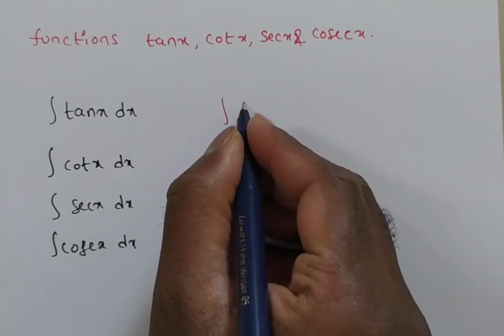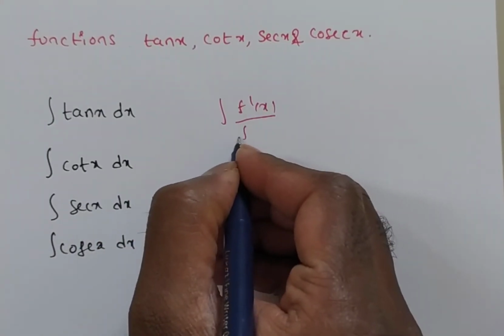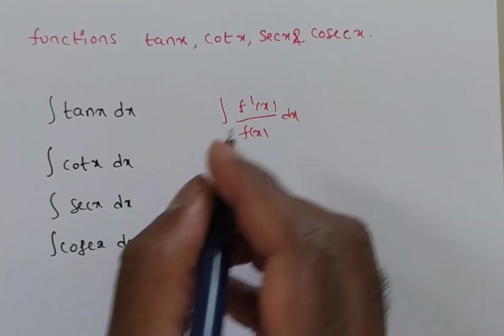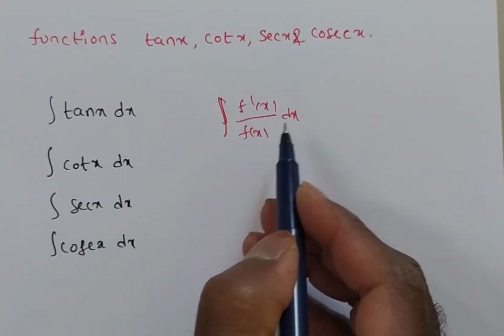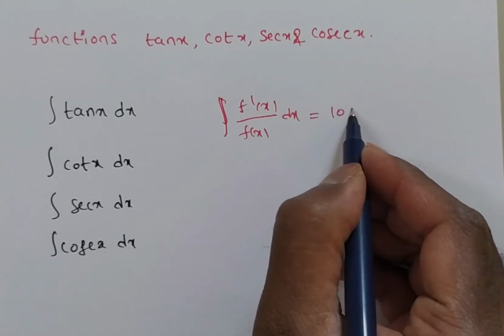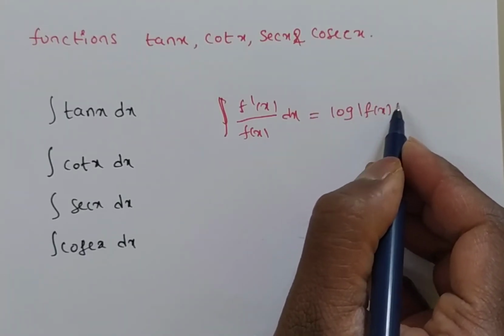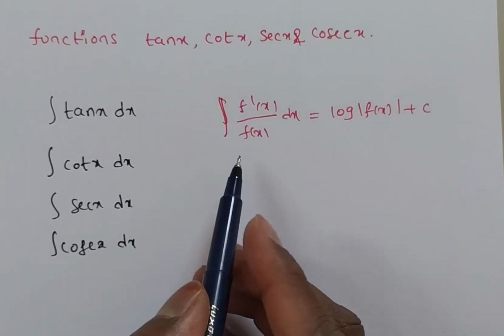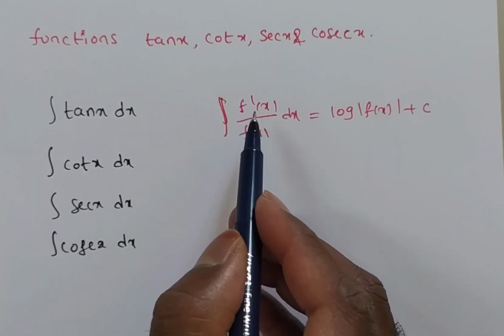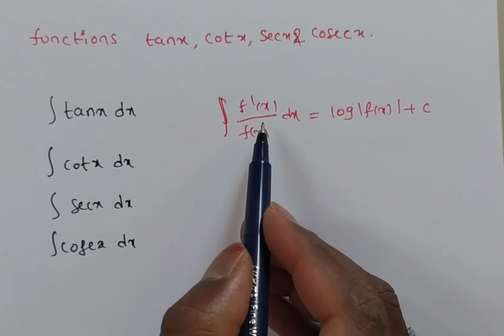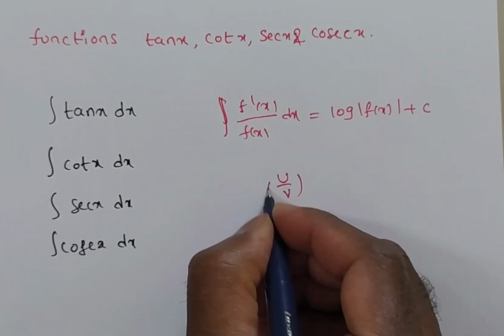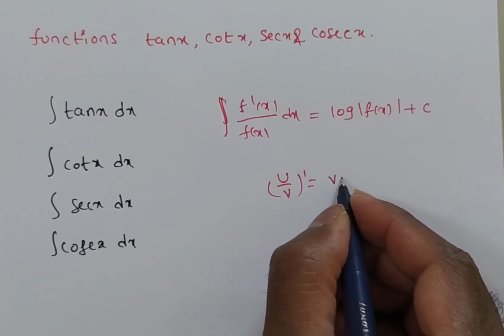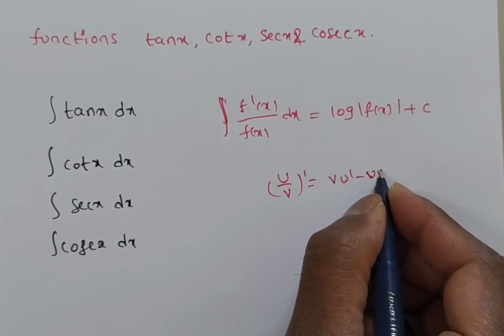Let it be integral of f dash of x by f of x dx form. Friends, you see, integral of f dash of x by f of x dx, if you have, then we have a formula: log of f of x plus c. You observe this contains a numerator and denominator. Whenever you have a numerator and denominator, in differentiation we have a u by v rule. u by v derivative is nothing but vu dash minus uv dash by v square.